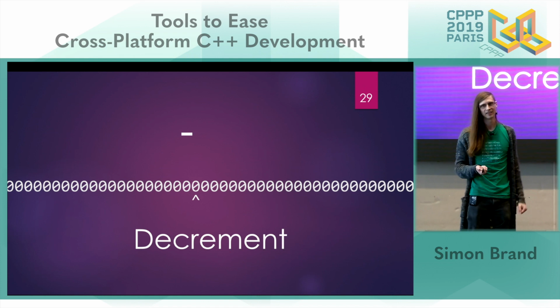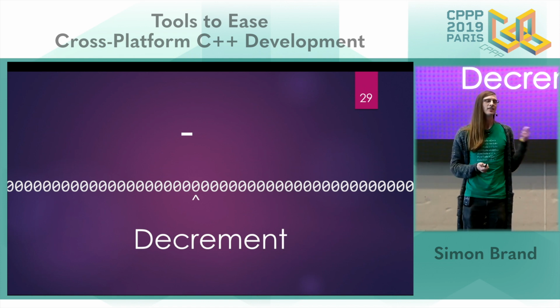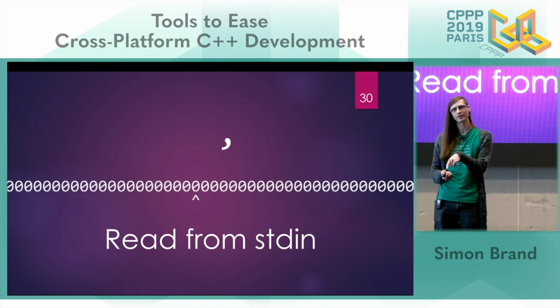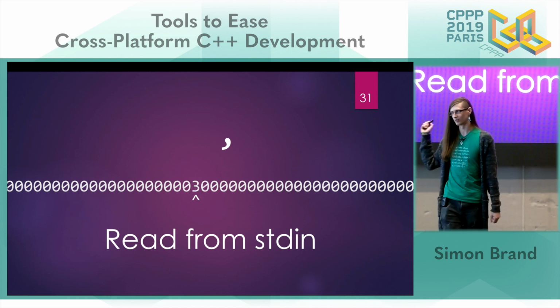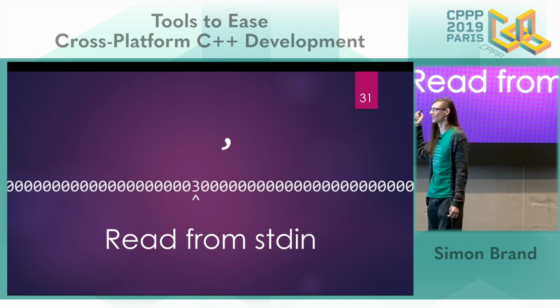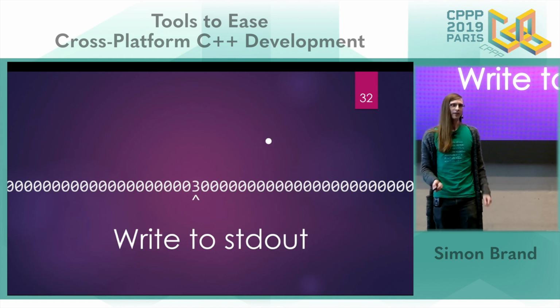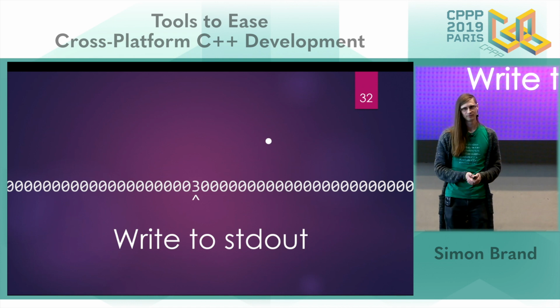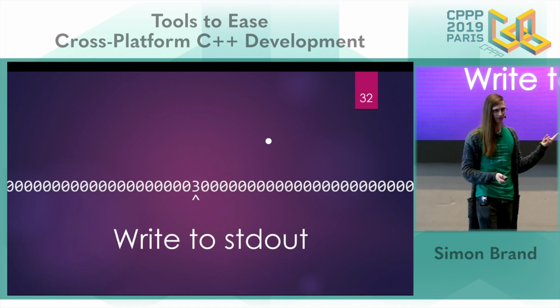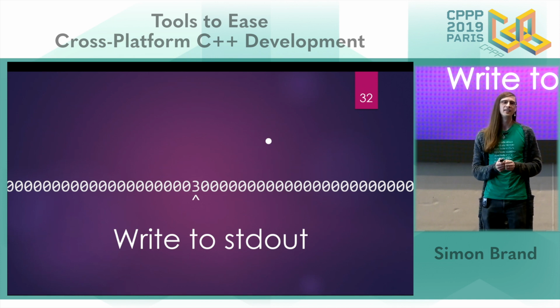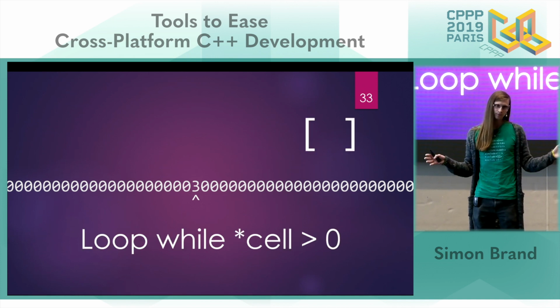A little bit less obvious are the I/O instructions, comma, which reads a character from standard in. So we could read, for example, whatever 3 is in ASCII. And then we can write it to standard out with dot. So these are our 2 I/O primitives. And the last 2 instructions let us do loops.